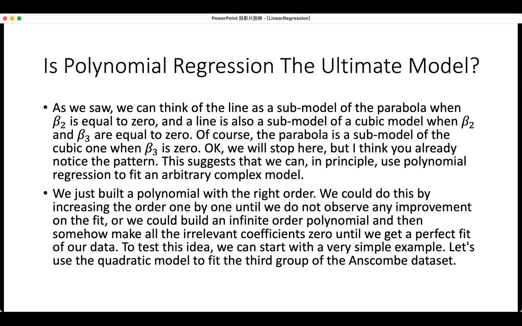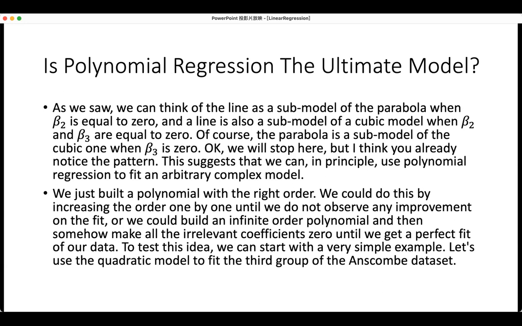That's ideally speaking, but we just want to build a polynomial with the right order. We could do this by increasing the order one by one until we do not observe any improvement in the fit. Or we could build an infinite order polynomial and then somehow make all the irrelevant coefficients 0 until we get a perfect fit. So you can give it a try.